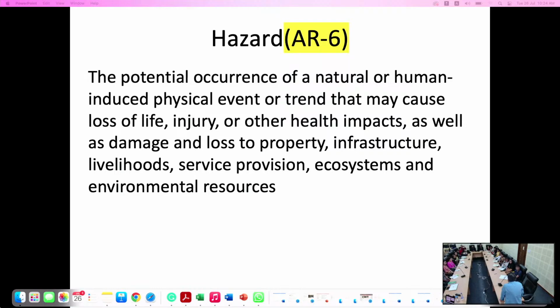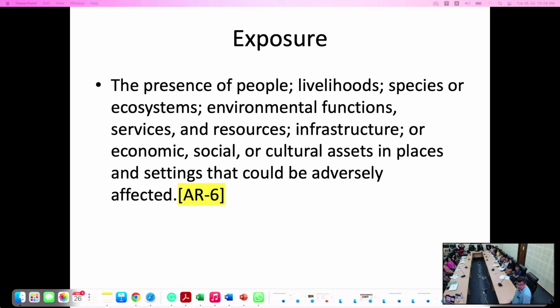So, what do you mean by exposure? Exposure means getting exposed to something, right, allowing something to penetrate you, something to affect you, right. That is it. Let us see how exposure is defined in climate science.